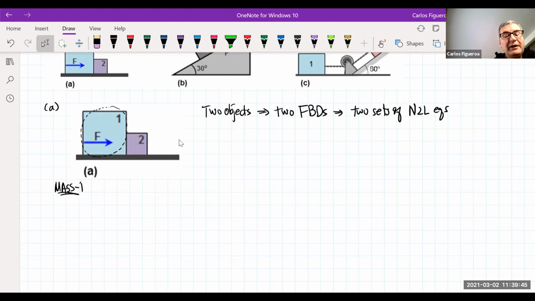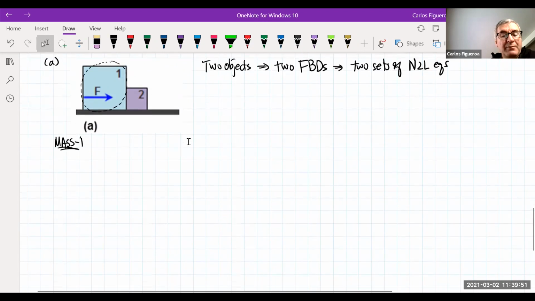I'm isolating 1. I reduce it to its center of mass point. That's object 1. When I look at this thing, I see that there's a normal force and I see that there has to be the force of gravity.